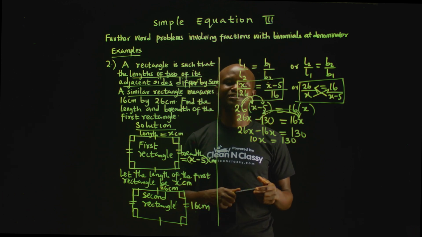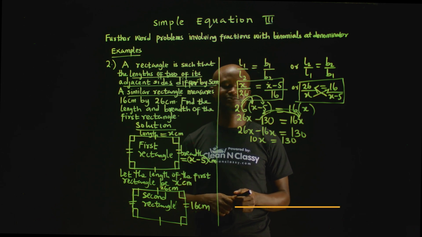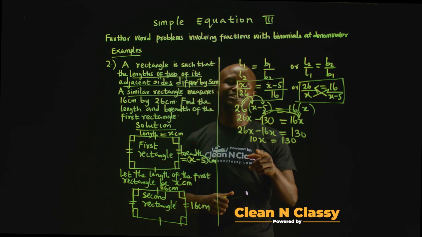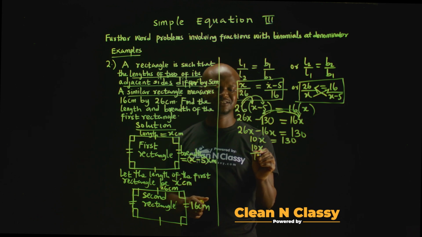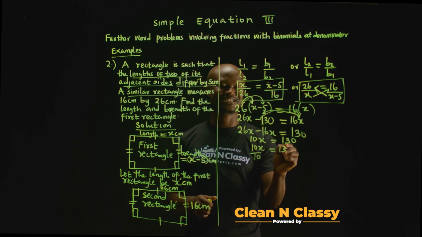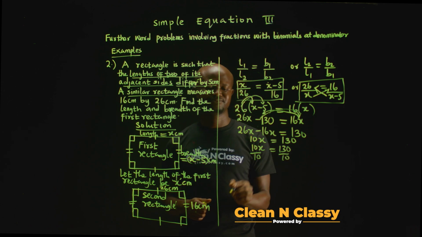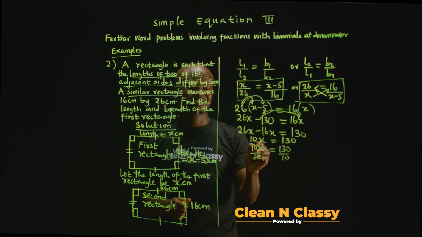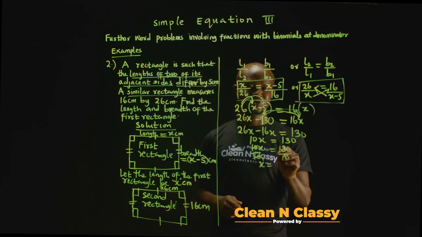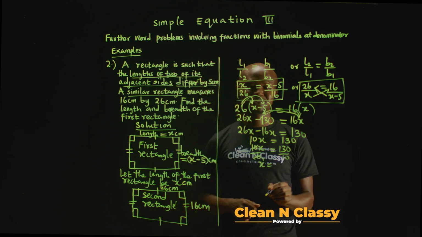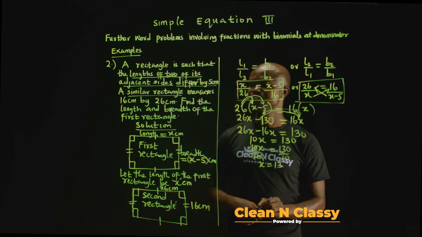We need to divide both sides by 10 to find x, because 10 is the coefficient of x. So 10x divided by 10 equals 130 divided by 10. So x equals 130 divided by 10, which gives us 13.